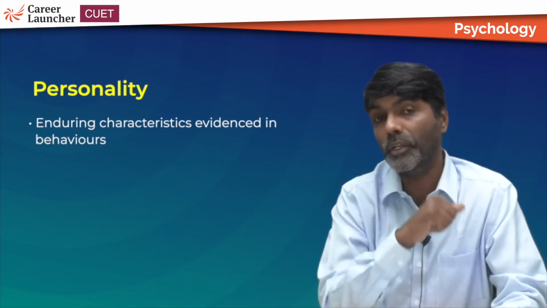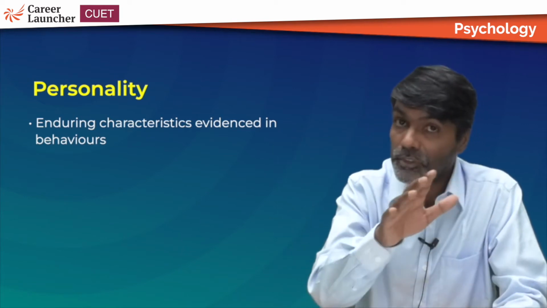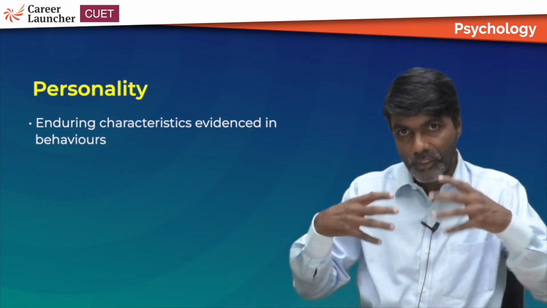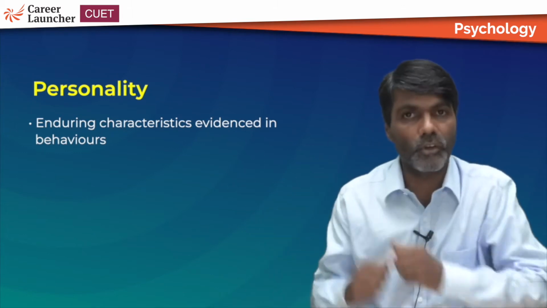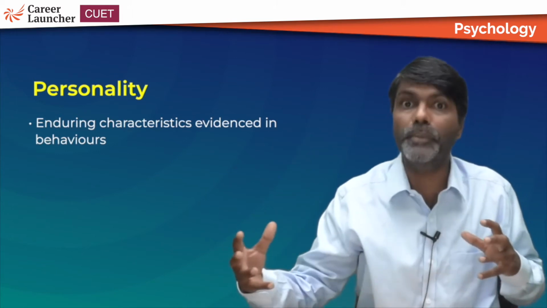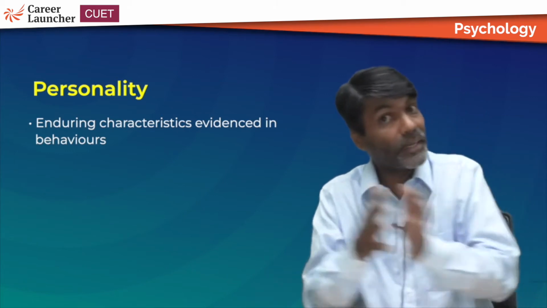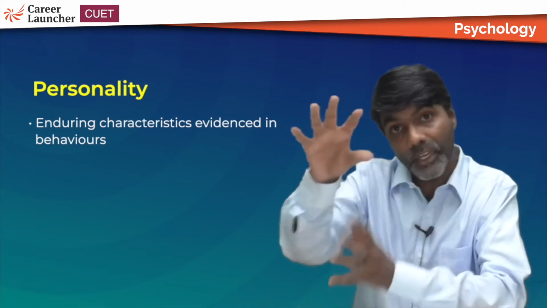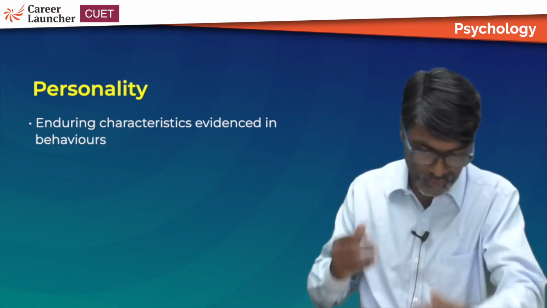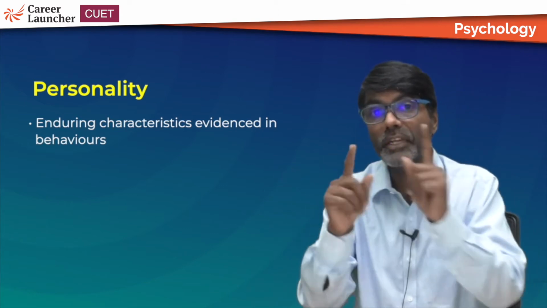For example, you say that that person has a very cheerful personality, that person is very social in his personality, which means the disposition is very cheerful, or he feels comfortable, or she feels comfortable going and interacting with people rather than sitting alone and doing intrapersonal work. I'll come to that later. Personality also has different parts, but this is something that you must understand. The enduring characteristic of a person which is evidenced in behavior is personality.